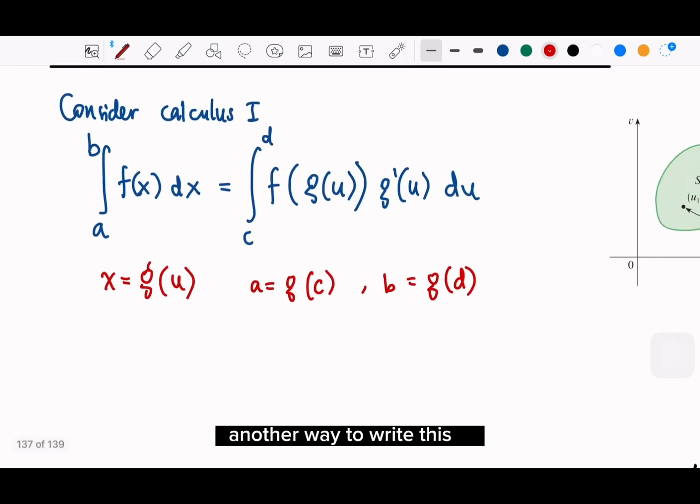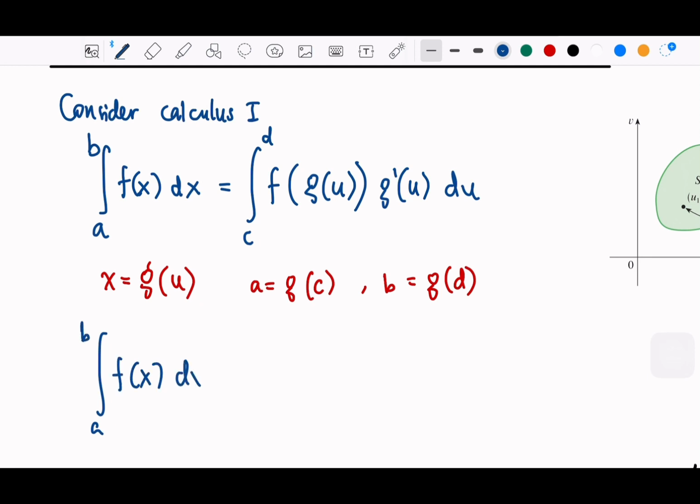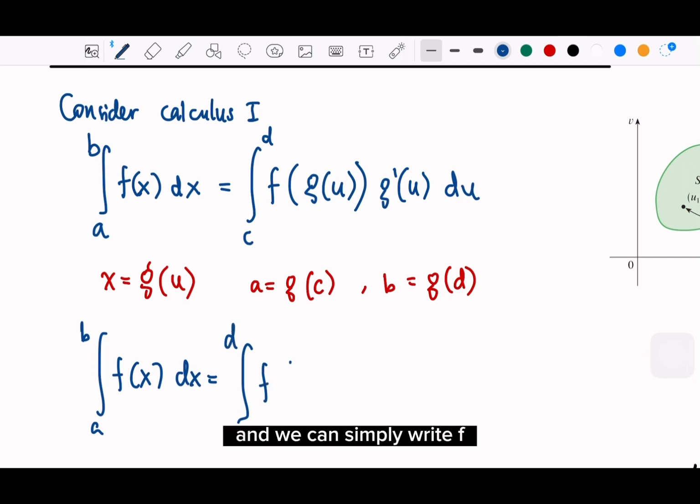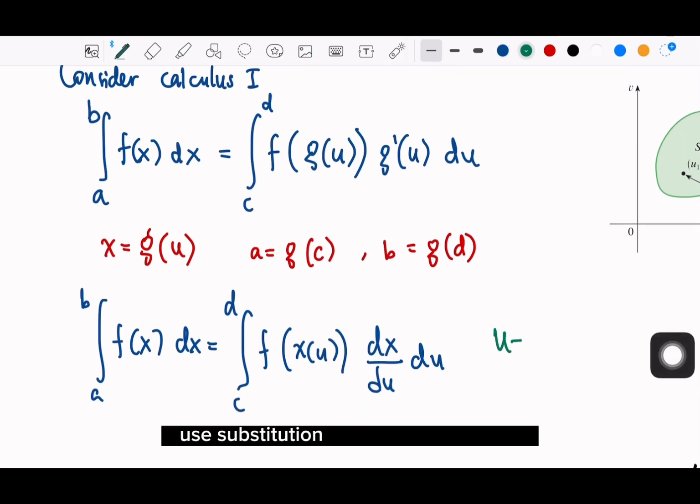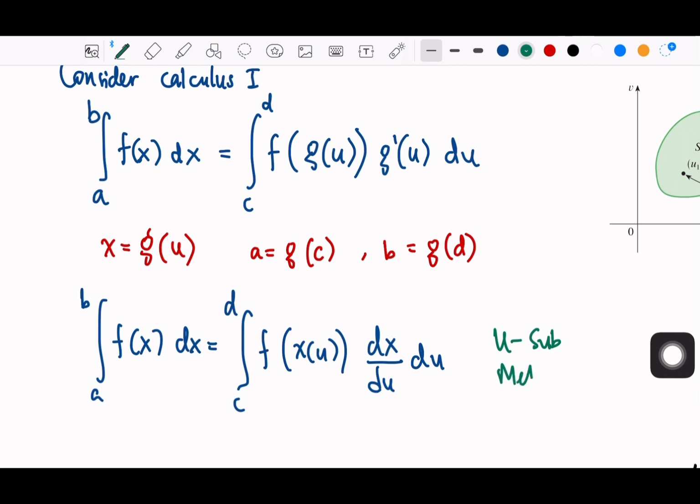Another way to write this is by taking the same integral and we can simply write f, and this is just to see the change. This is what we have in u substitution, the u sub method, right?